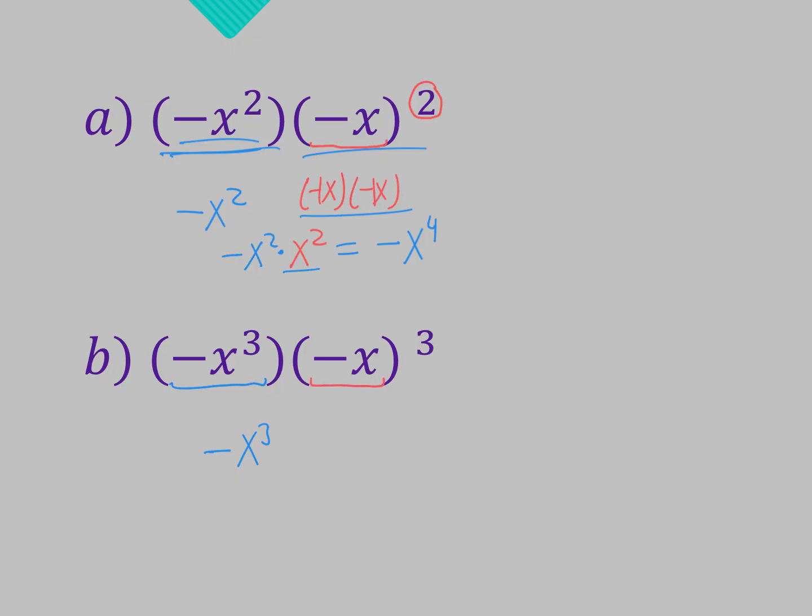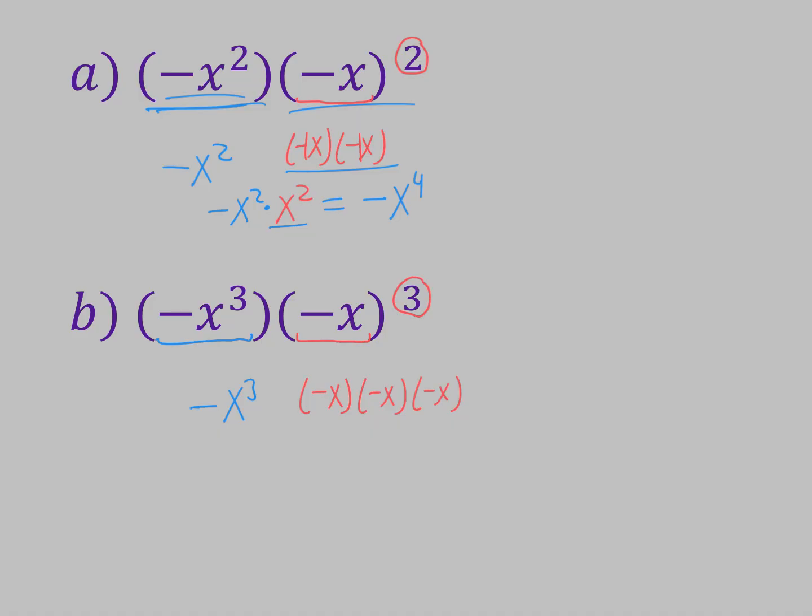However, my base here is negative x, and that's being raised to the third power. That means I'm doing negative x times negative x times negative x. And if I do a negative times another negative, that's going to get me a negative answer. And if I do x times x times x, that's going to get me x to the power of 3.